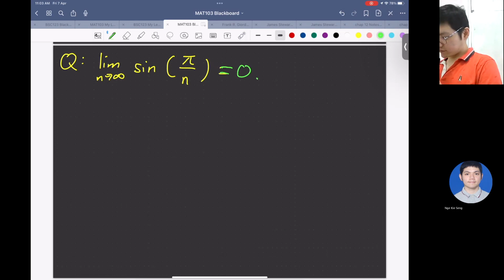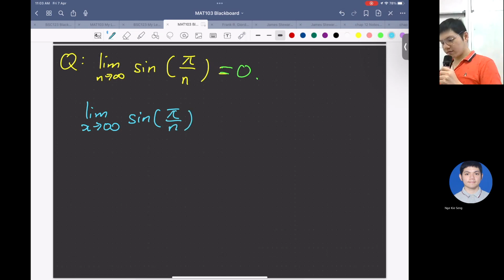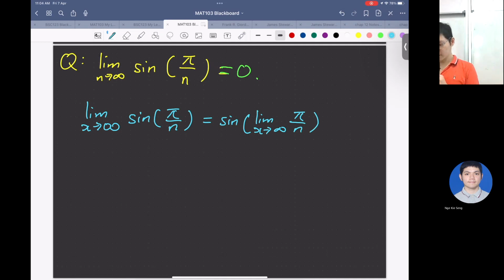So you view it as a real value function. Since sine is continuous at 0, you can bring the limit in. And the sequence here converges to 0.